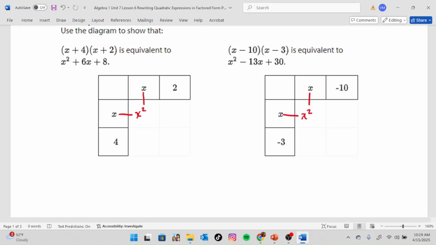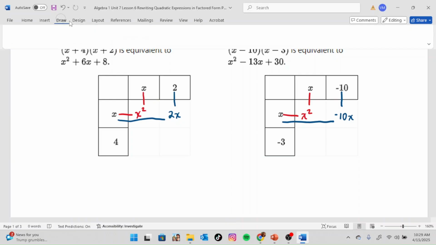Next, we can come over here and we say that we have a 2 and we have this x, so that's going to give us 2x. And then over here on the right, we've got this negative 10 at the top, and we've got this x on the left. So when we multiply them together, we're going to have negative 10x.